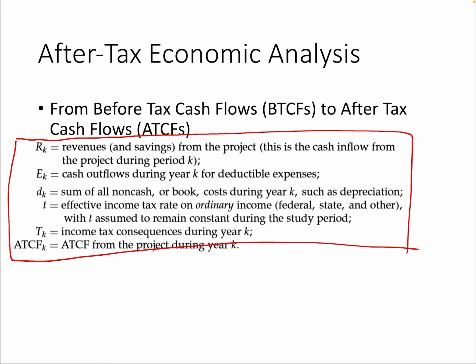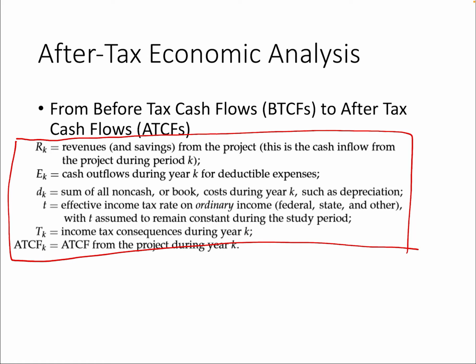So you have some income, you have some outgoing cash flow, which is represented by Ek. And k is for the year, for a period. Could be a year, could be a month. And Dk is the sum of all non-cash or book costs during year k, such as depreciation.